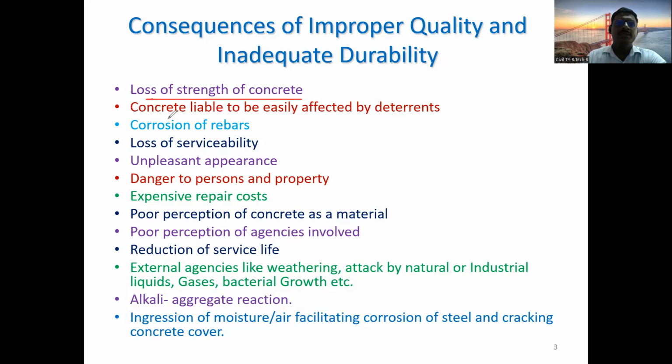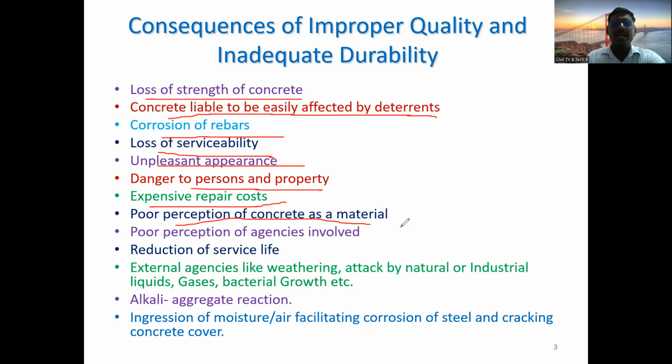Then the concrete is liable to be easily affected by deterioration. Then corrosion of the rebar, then loss of serviceability, unpleasant appearance, danger to person and property, expensive repair cost, poor perception of the concrete as a material, poor perception of agencies involved, and reduction of service life.